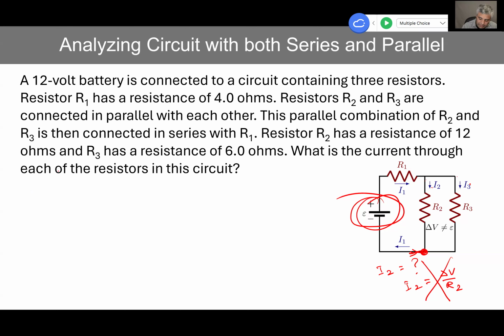So let's say EMF is 12 volt, and it says R1 is 4 ohm, and R2 is 12, R3 is 6.